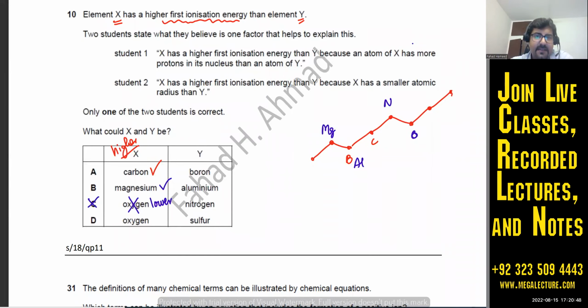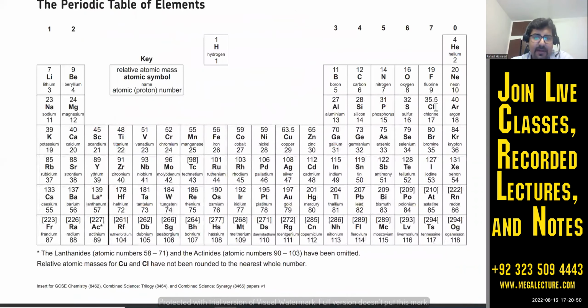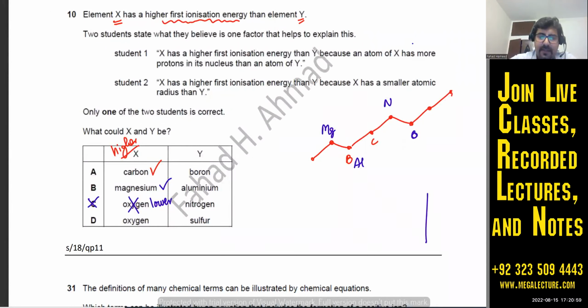Oxygen and sulfur. That's going down the group, right? Oxygen is over here, and sulfur is over here. So you're moving down the group. What happens down the group? Going down the group, ionization energy decreases. So sulfur is going to have a lower ionization energy, and oxygen is going to have a higher ionization energy. Smaller atoms, more difficult to remove electrons, right?